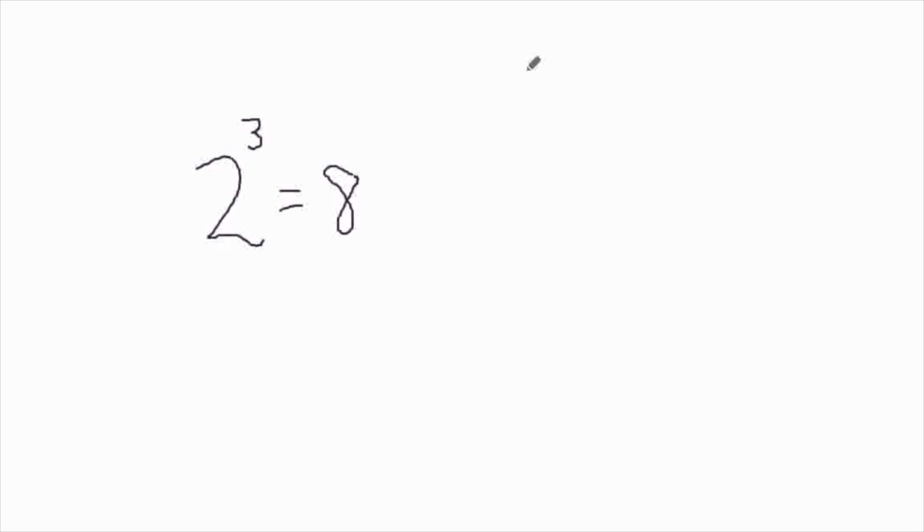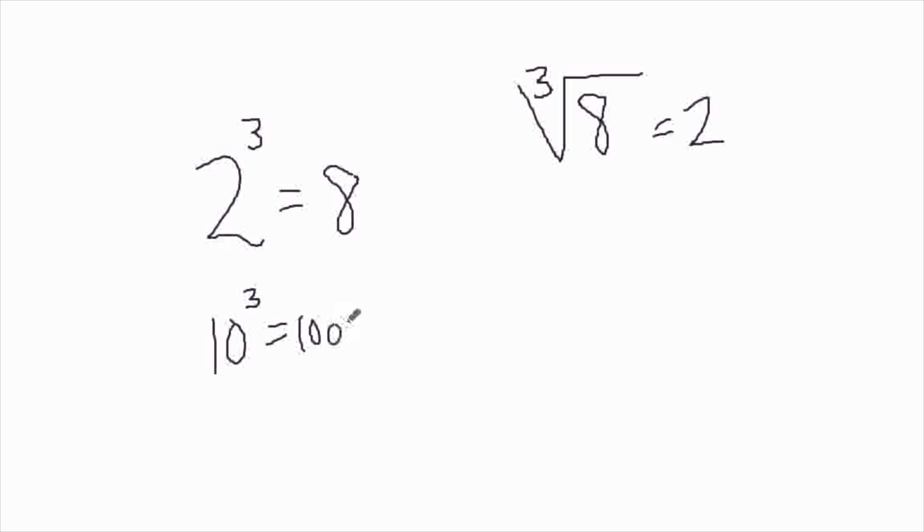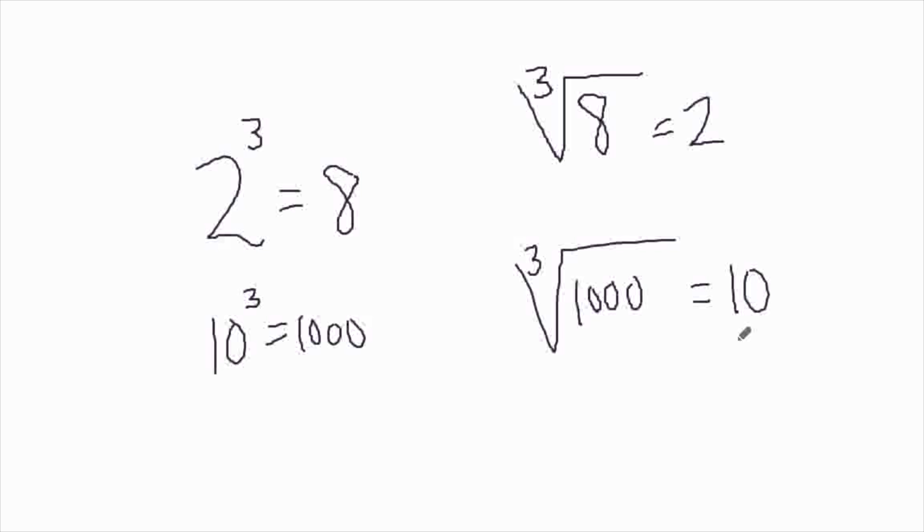So some people will have this root symbol with a little 3 right there. That's called finding the cube root, and that is equal to 2. 10 cubed is 1,000, so we would say that the cube root of 1,000 is equal to 10. And you can have all the exponents you want, 4, 5, 6, 7, and you can take different types of roots. That's how you do those.